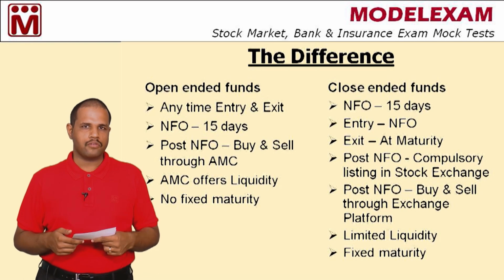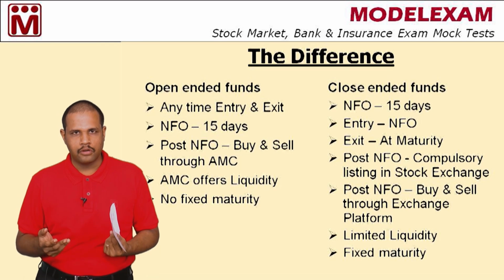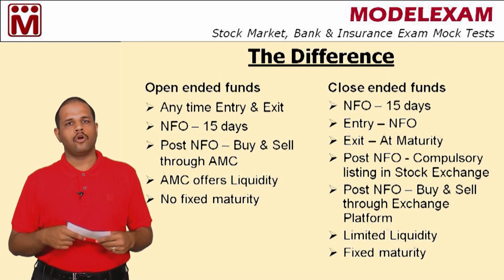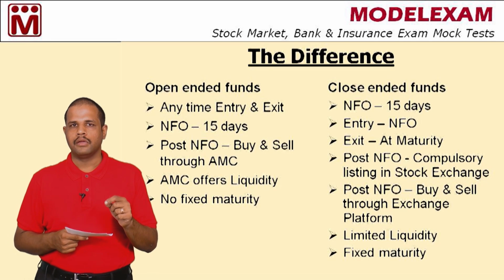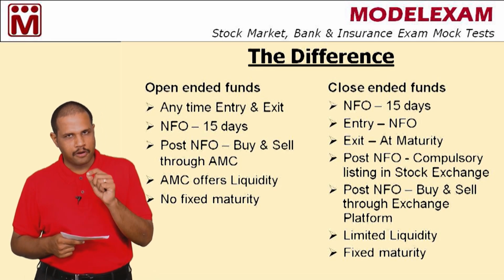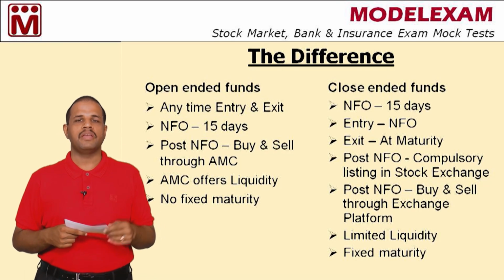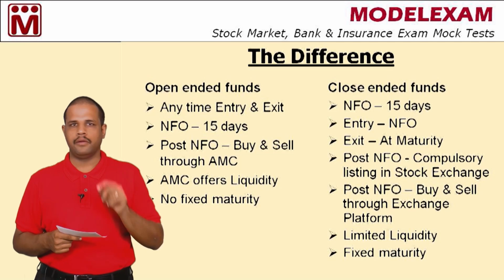And investors who missed the opportunity of buying units during NFO can always buy, but not through AMC. They have to buy through the exchange platform, from existing investors who are ready to offer units.